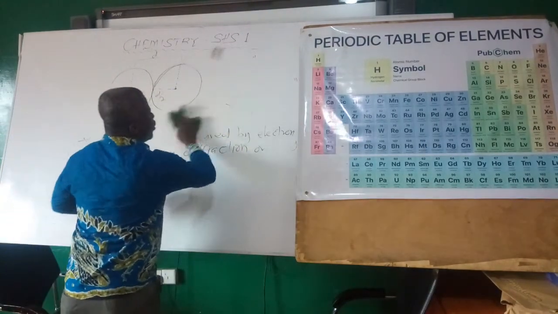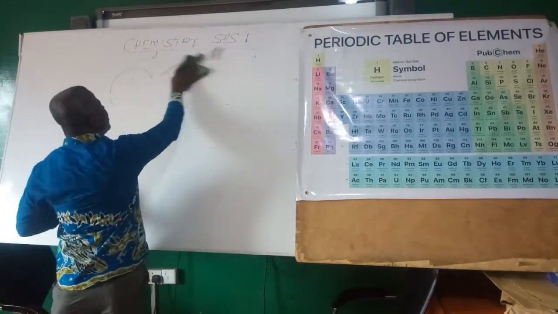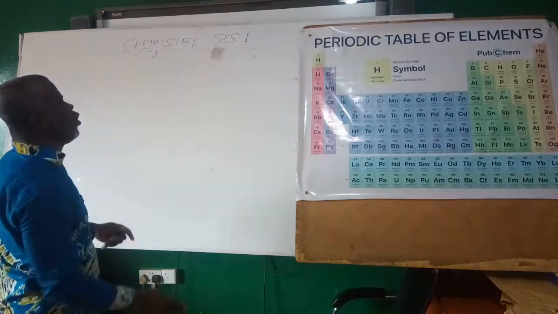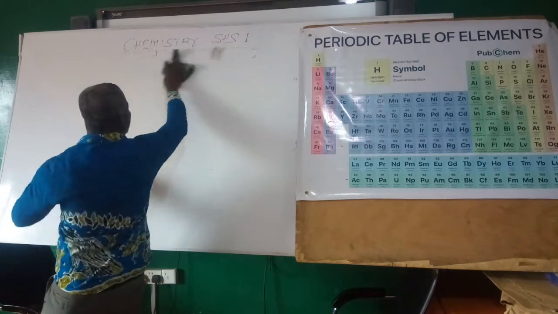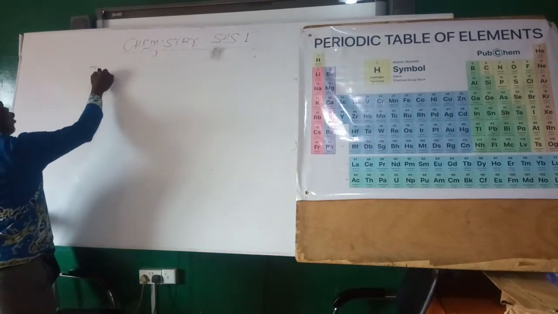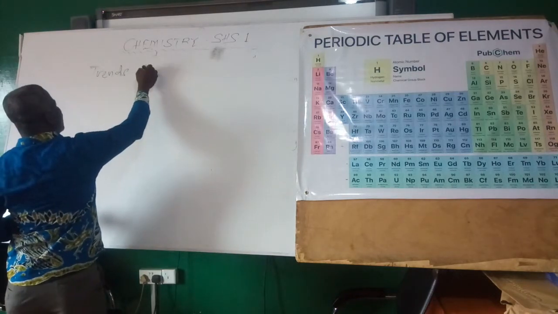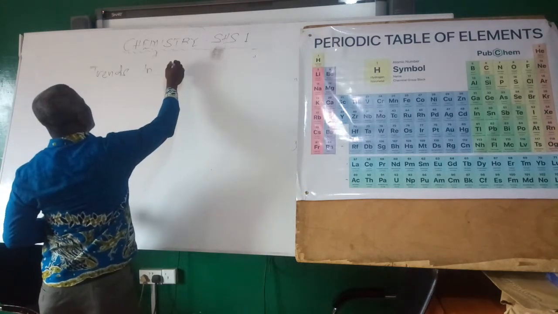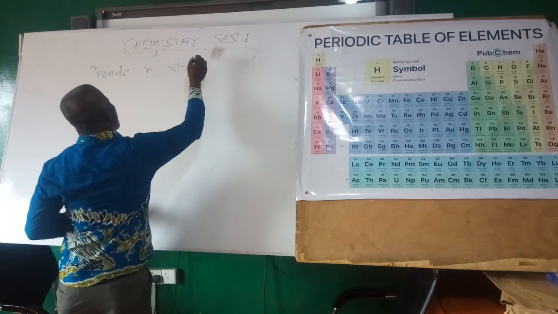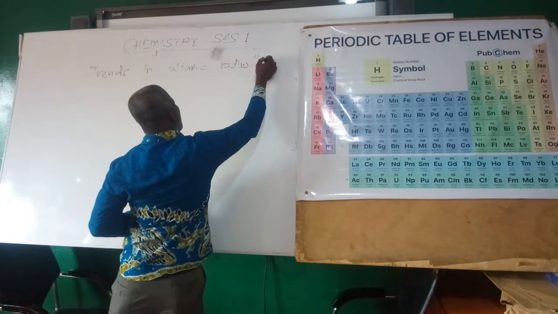The trends in atomic radius, whether it increases or decreases, moving across a period from left to right or within any particular group. Trends in atomic radius or size.